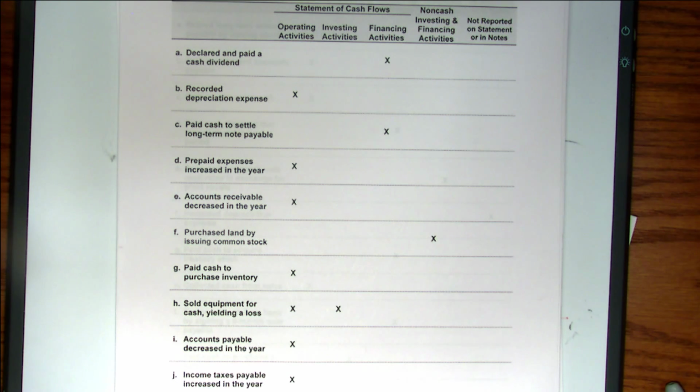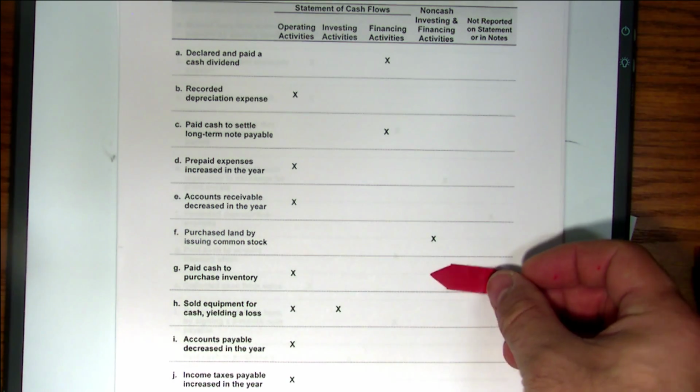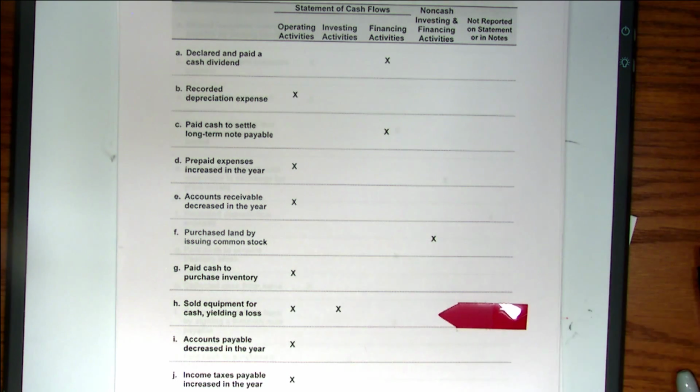The purchasing of land by issuing common stock. I think H requires a little discussion. What is H? H says in the book, sold equipment for cash, yielding a loss.